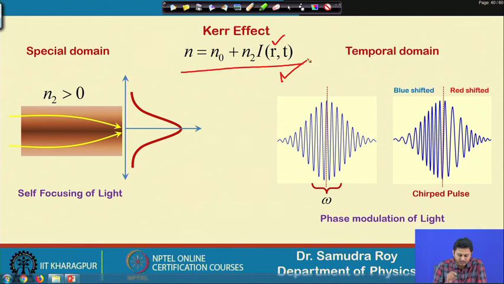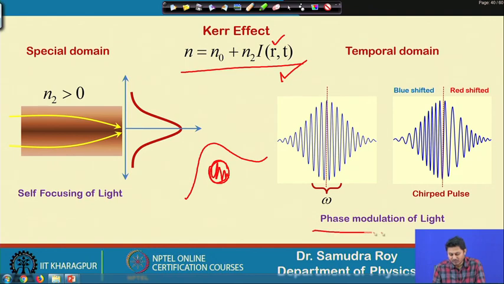When the laser light falls over some place, it is illuminated over a space, and this is the spatial distribution. Due to the spatial distribution we have a self-focusing kind of effect, but the intensity also has some distribution in the temporal domain. When the intensity varies in the temporal domain, we have phase modulation of light. So light will be modulated, and there are these two kinds of modulation.